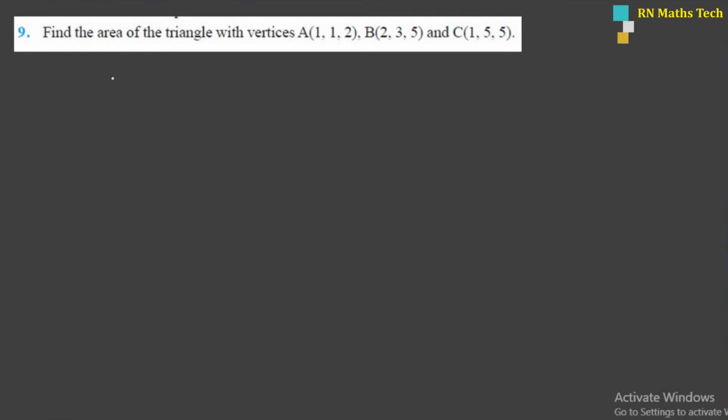The position vectors are OA equal to i plus j plus 2k, OB equal to 2i plus 3j plus 5k, and OC equal to i plus 5j plus 5k.